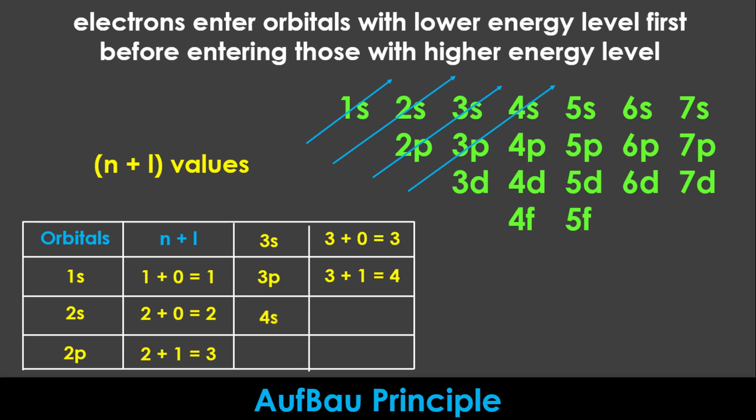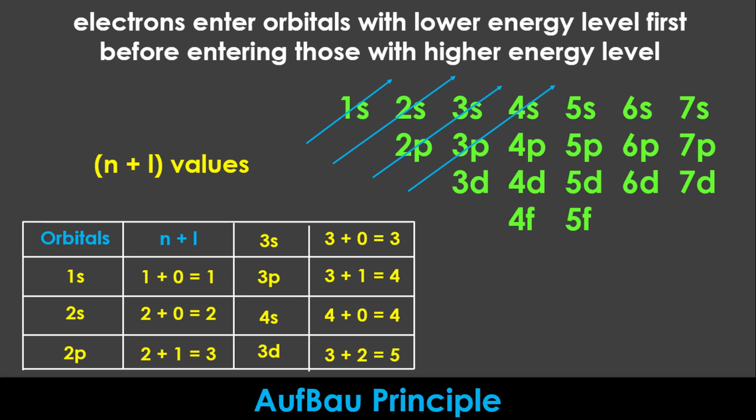Although the 4s has a higher principal quantum number than 3d, the sum of its n plus L value, which is 4, is lower than 5, the n plus L value of 3d. The same explanation suffices for the following pairs of orbitals: the 5s and 4d orbitals, 6s and 4f orbitals, and finally the 7s and 5f orbitals.